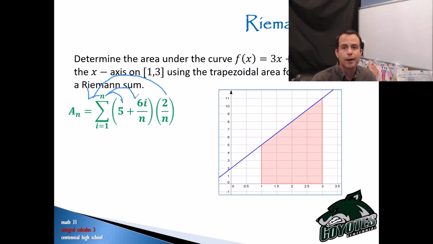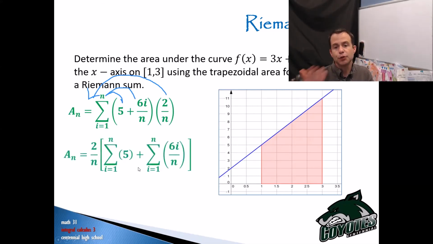So right now I'm looking at something like this: 2 over n times the summation of 5 plus the summation of 6i over n. Okay, the summation of 5 is 5n. Again, that's just coming from those first original 5 summation properties that I gave you at the beginning of this lesson, that thing that felt like hours ago.